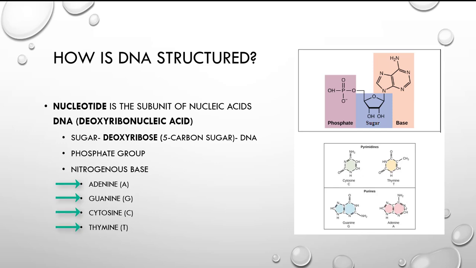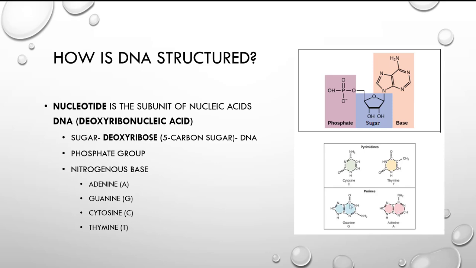Okay, and if you notice, there's a couple differences here. What do you notice that's different between adenine and guanine compared to cytosine and thymine? Cytosine and thymine are both single rings, whereas adenine and guanine are double rings.